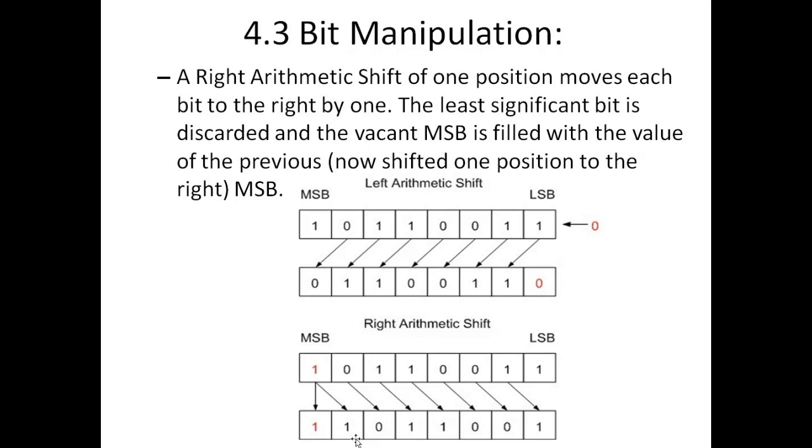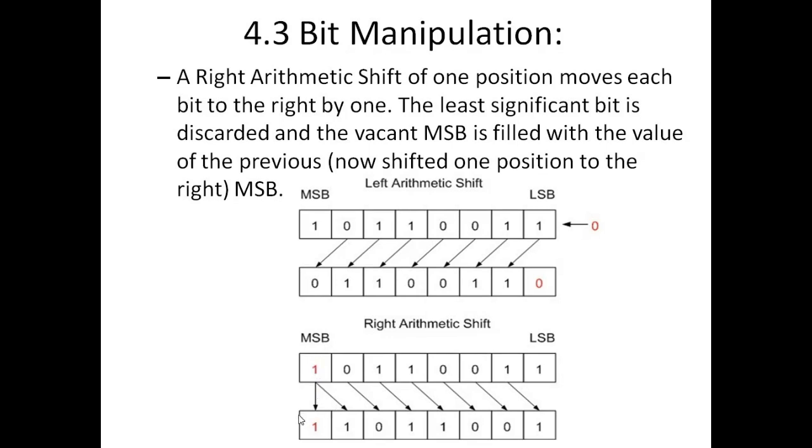Usually in right arithmetic shift we don't need to fill in extra zeros unless you are shifting two or more than two places at the same time. Only then will you fill zeros over here. So basically in the right arithmetic shift, the most significant bit is copied into two places.